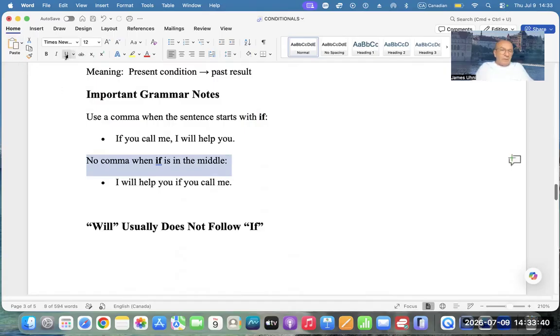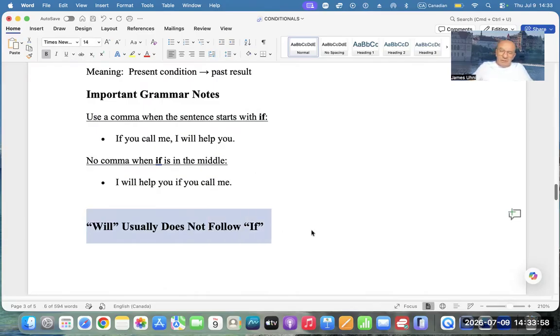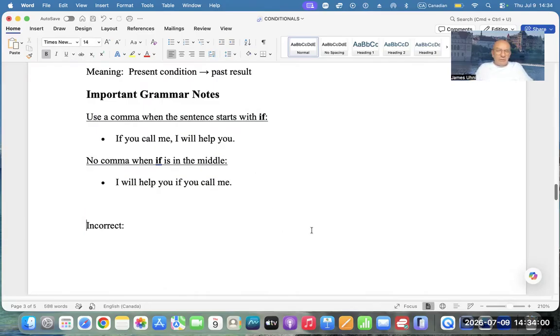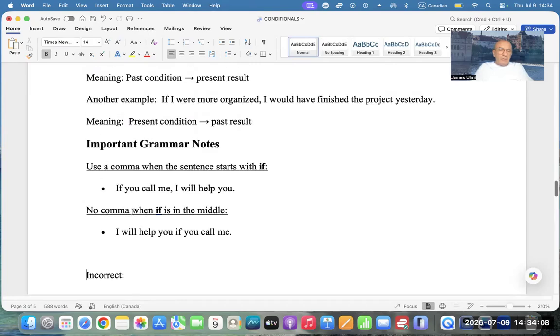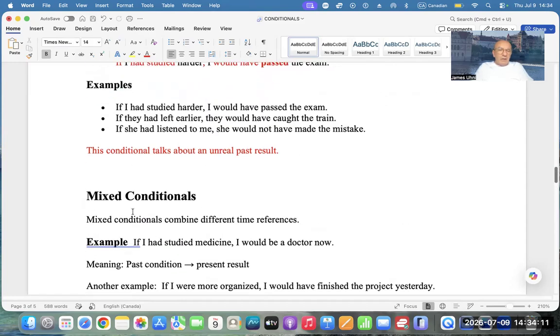I wanted to underline it so you would see what is helping and what is an example. Will usually does not follow if. This is another part that I will erase because it applies to university education. There is no need to explain anything else.